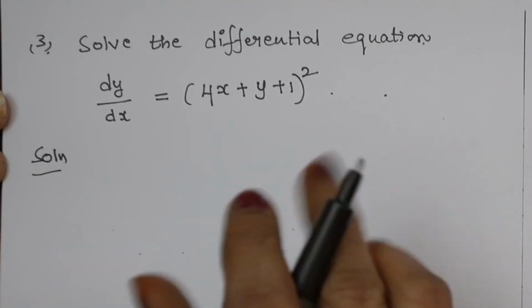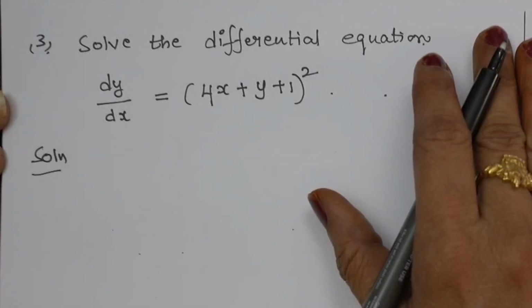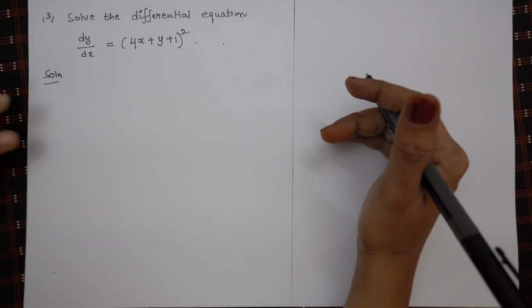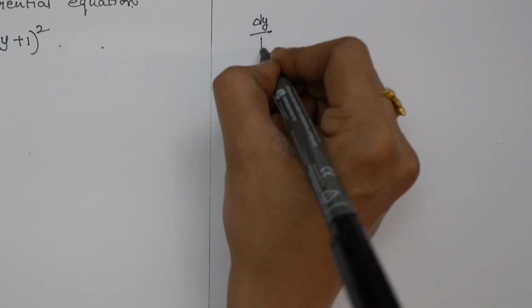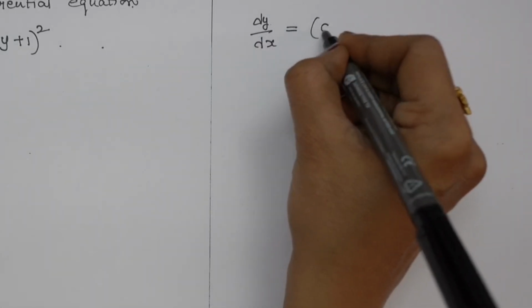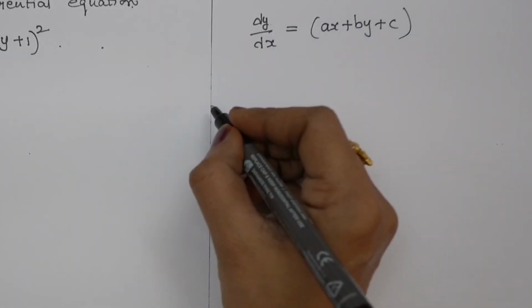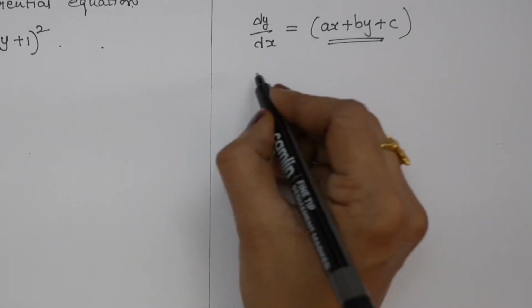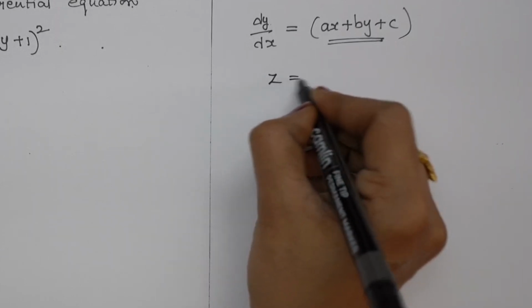In the previous problems, the x and y terms were given together, and we separated them and solved using the variable separable method. However, if the given differential equation is in the format dy by dx is equal to ax plus by plus c, then we have to assume the entire term with a new variable z.